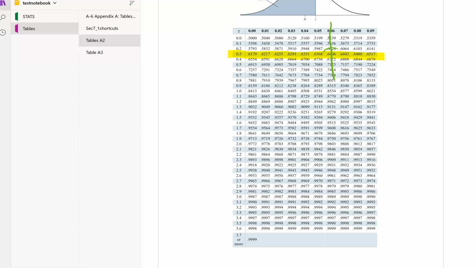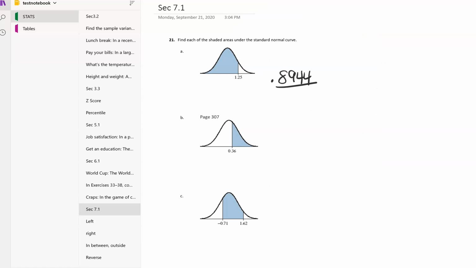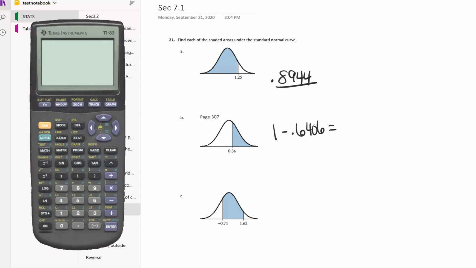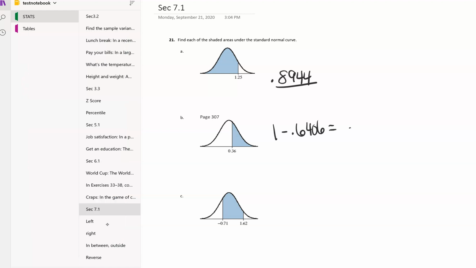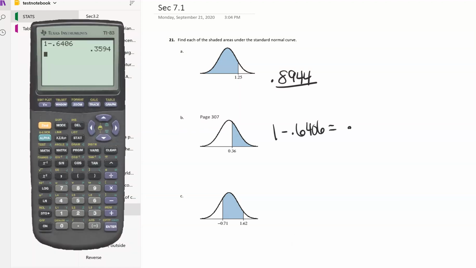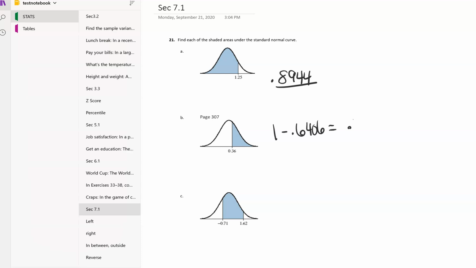So it's 0.6406. So it's going to be 1 minus 0.6406. And with my calculator, I do 1 minus 0.6406. So the answer I type in on the computer is 0.3594.